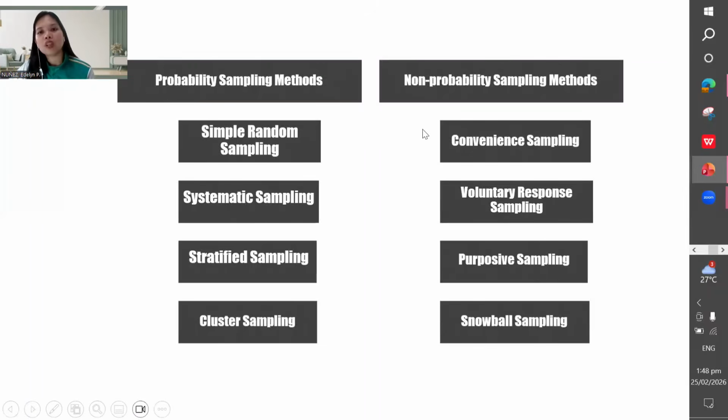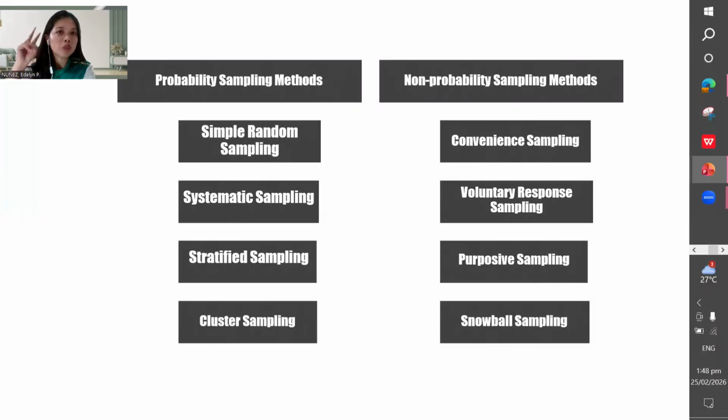So examples of non-probability, we have convenience sampling, voluntary response sampling, purposive sampling, snowball sampling. This is for social science, but if you also do it for natural science, such as experiments, agriculture, you can also apply this in doing the experiment. But the methods that I am discussing to you right now are for social science, the one where you're doing a survey.